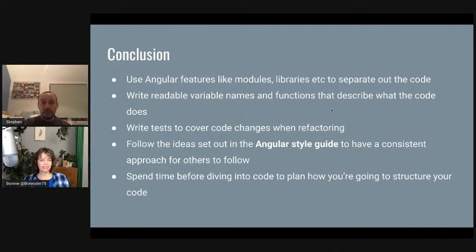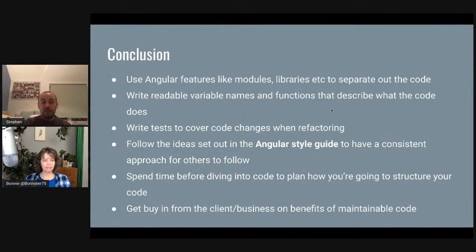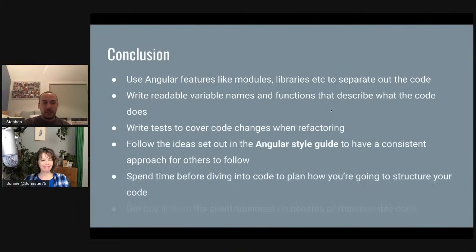And like I said, spend time planning your code before you start writing it, and try to get buy-in from the business on the benefits of writing maintainable code, how it's going to help the business, and how it's going to help you and them in the long run. And I think that is it.